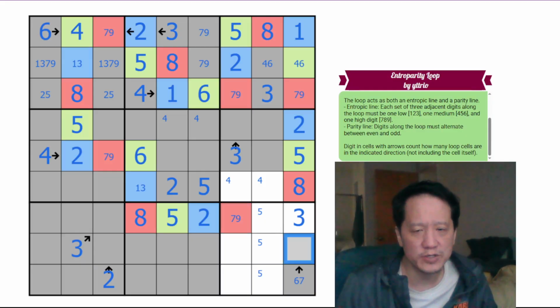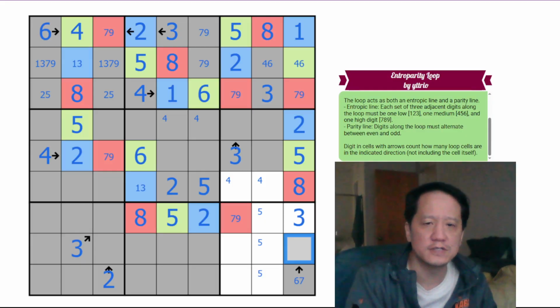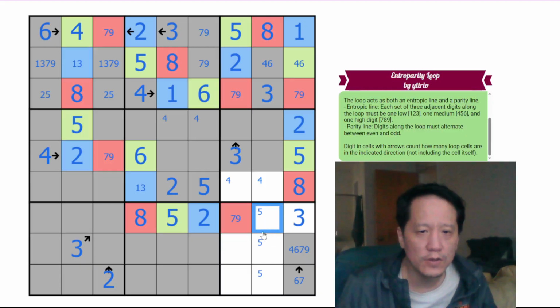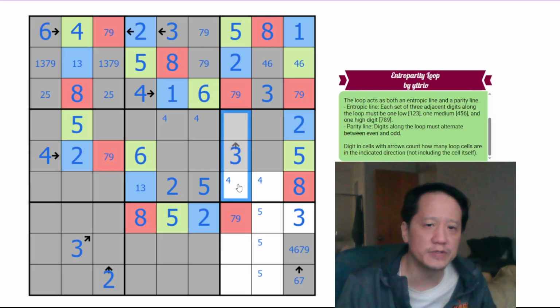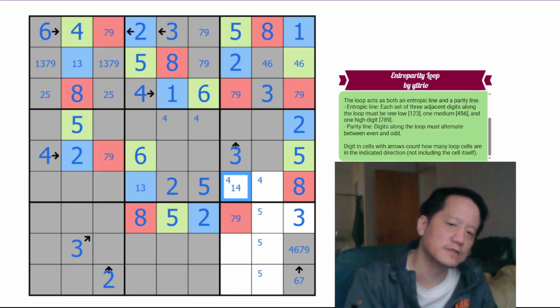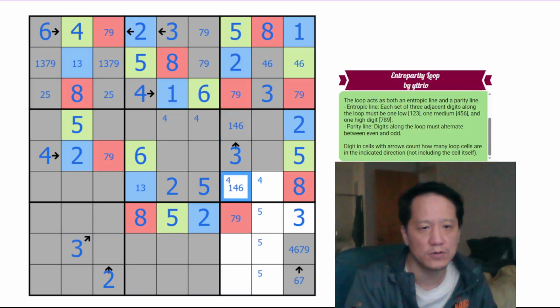So this has to be 4, 6, 7, or 9 here. Remaining digits in column 7 are 1, 4, 6, 8. Okay, and this can't be 8 here, no 8 here. So 1, 4, 6, 8 here, 1, 4, 6, 8 there.